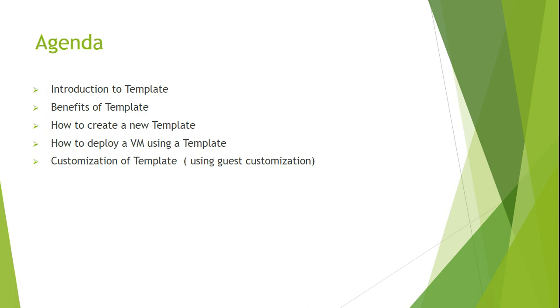Anytime you need to install a virtual machine, rather than deploying a new virtual machine and installing the OS again and installing all those applications, I don't know how many applications you need in your organization, maybe 15 to 16. It could be just Office, Excel, or an email client and stuff like that. All those applications can be pre-baked into this virtual machine, and then we make it a template.